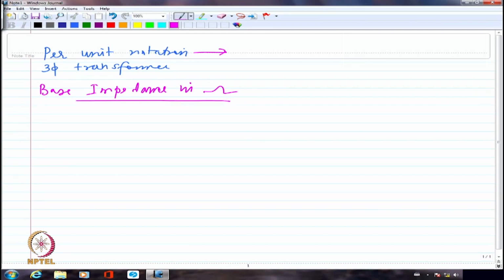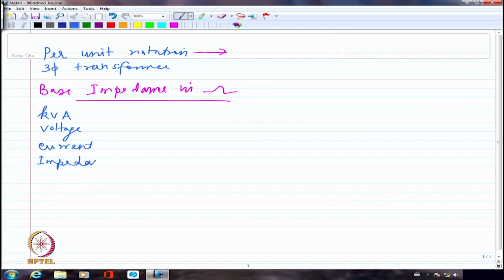If I am going to take a general power system, first of all, I have to fix 4 values. One is, what is the kVA rating? What is the voltage rating? If I fix these 2, automatically current is fixed and impedance will also be fixed. So, I have basically 4 base values for the system.